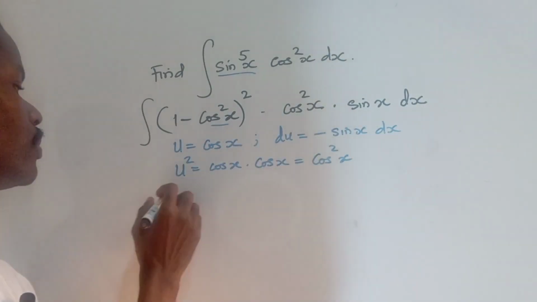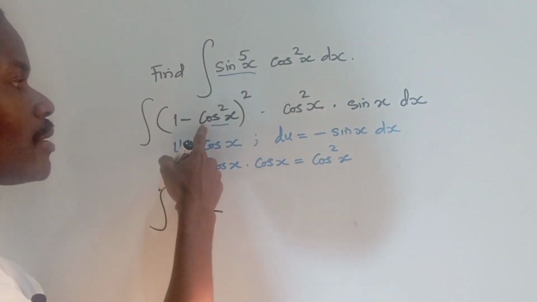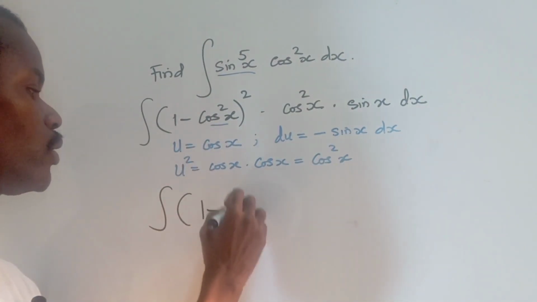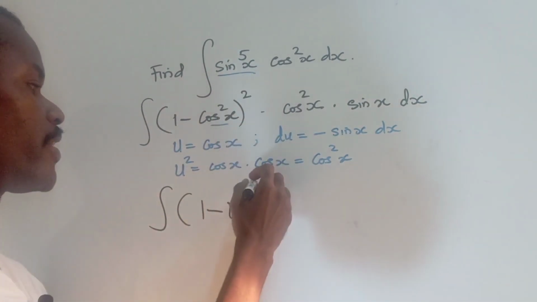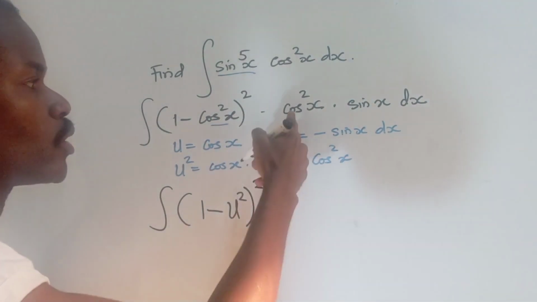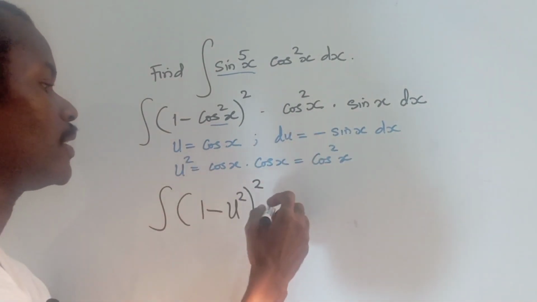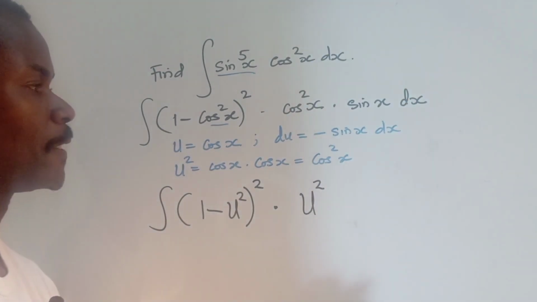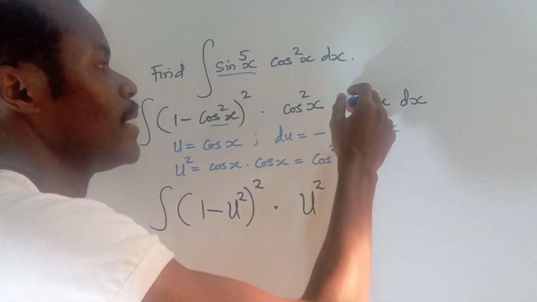So all this is going to be the integral of 1 minus cos squared x. Cos squared x is u squared, so we say u squared, and there's a square here. So we have cos squared x again, which is still u squared, so multiplied by u squared. Now the question is, what about this part?